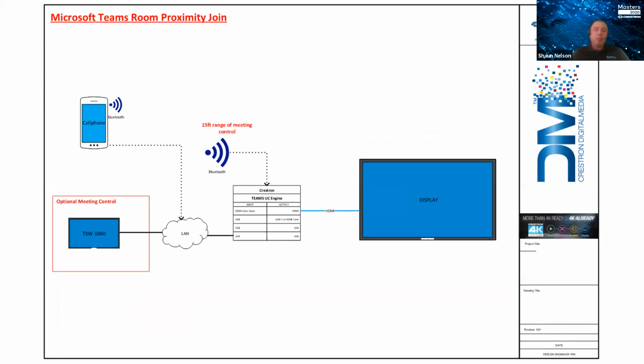Before, I'd talked about Zoom and Alexa and things like that. Well, Microsoft Teams has this really cool thing known as a proximity join. Again, this is outside of Crestron. This is actually Microsoft and Microsoft Teams development. They essentially use the Bluetooth beacon in your phone and the Bluetooth inside the Teams UC engine.